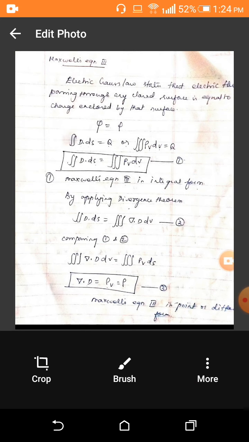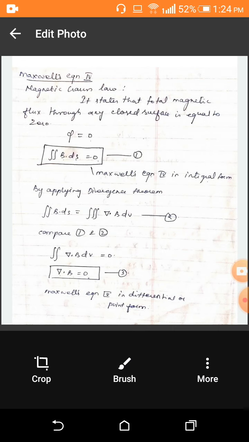Comparing this equation with the previous equation, you get volume integral del dot D dv is equal to volume integral ρv dv. Cancelling the volume integral on both sides, you get del dot D is equal to ρv, which is nothing but Maxwell's equation 3 in point or differential form, obtained from electric Gauss law.